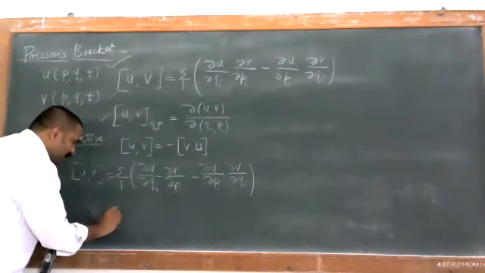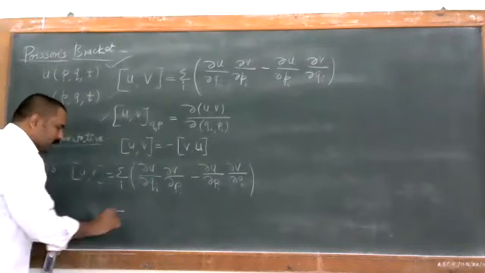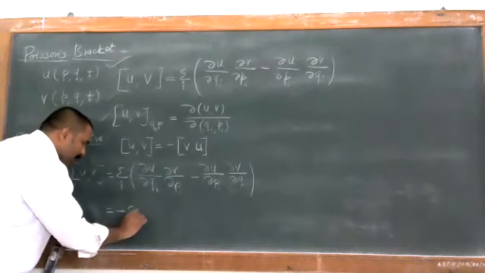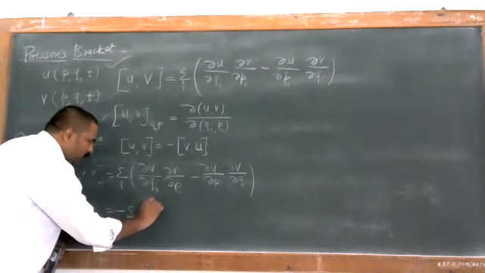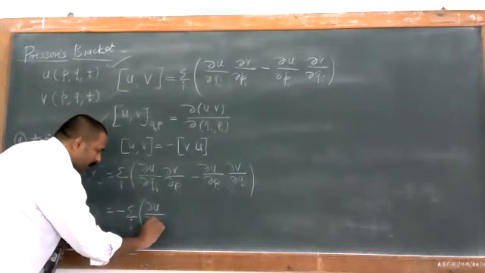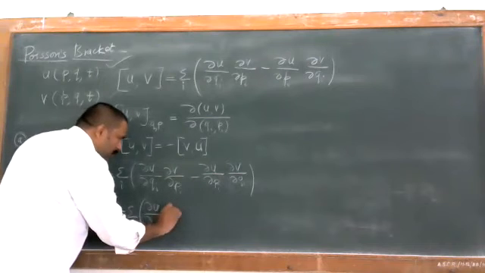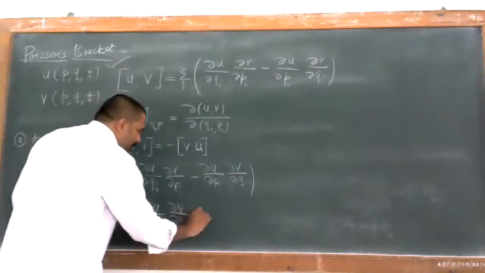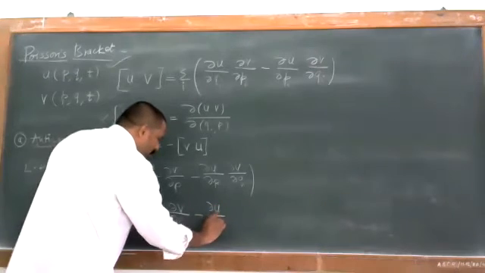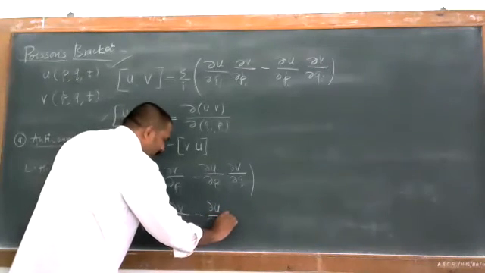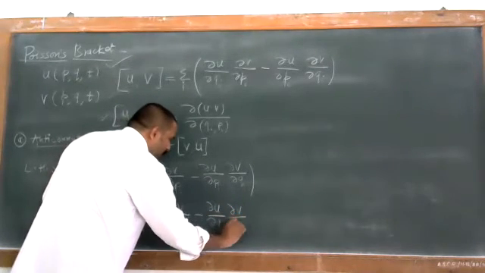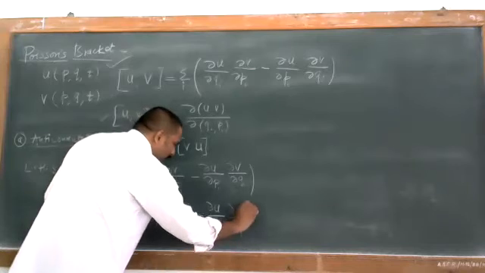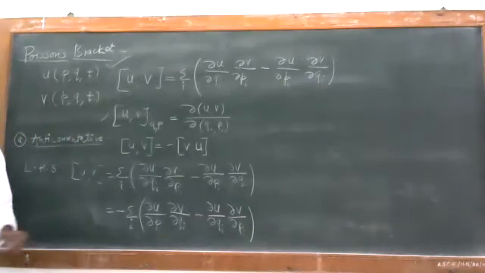So just look at the conditions. I can write it with a minus sign: summation over i into ∂u/∂pi multiplied by ∂v/∂qi minus ∂u/∂qi into ∂v/∂pi. सगळ्यांनी लक्षात येते का पहा, निगेटिव्ह साइन बाहेर घेतलाय.